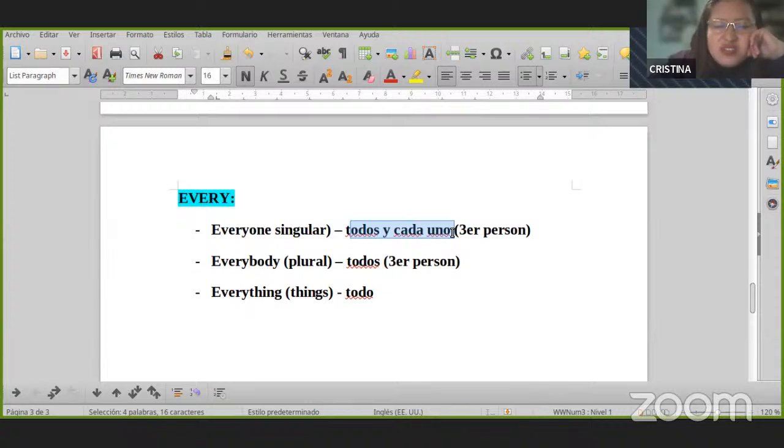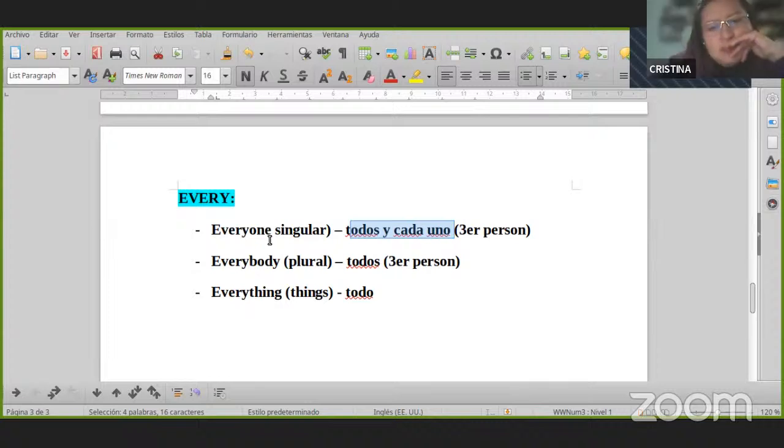What's different between everyone and everybody? Okay, the first is singular and the second is plural. No, not just that. Everyone, it's like with more emphasizing. When I have to say, for example, everyone has to go.